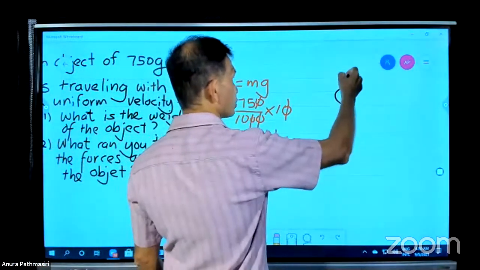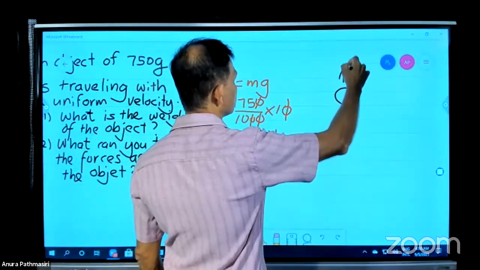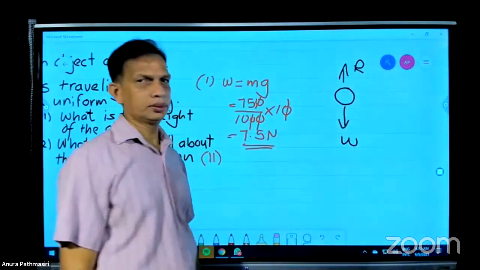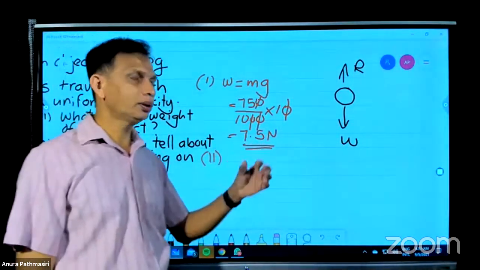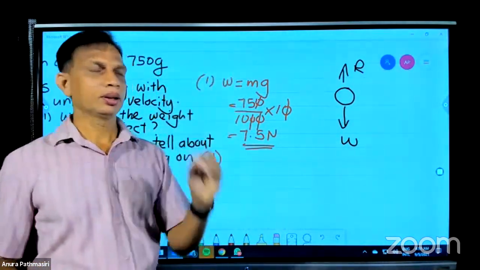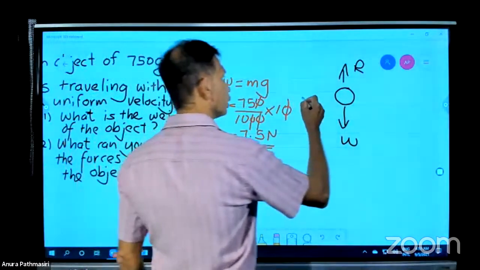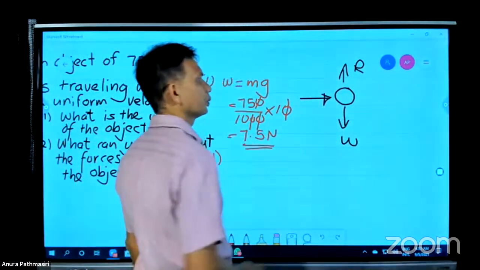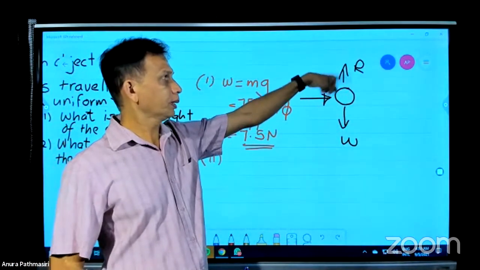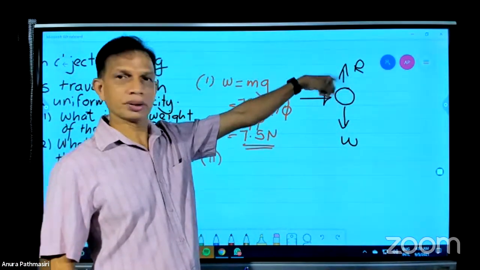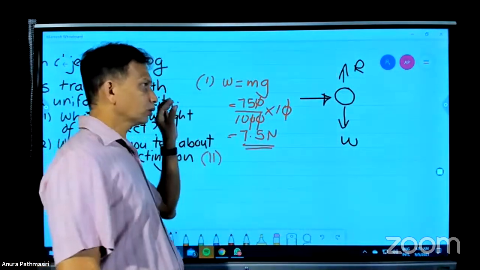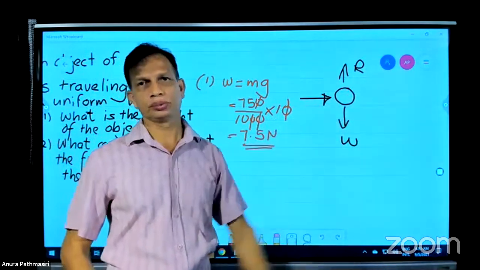This is in a stationary position, acting W downwards and R upward. To break that one, you have to give a force. So you are giving a push by breaking the equilibrium conditions of the two forces acting downwards and upwards. Because of that, this will start to move.